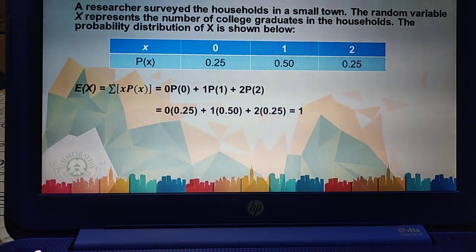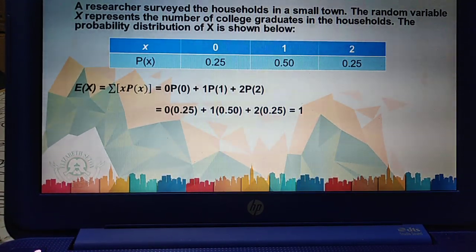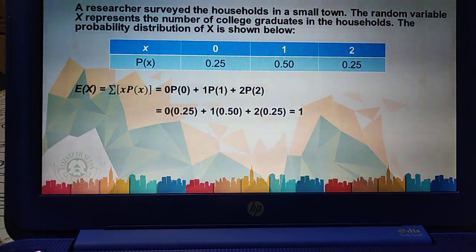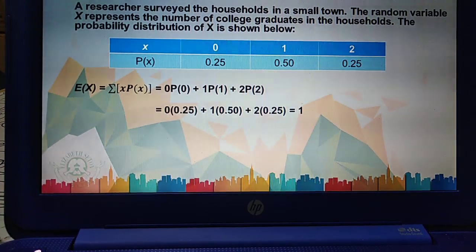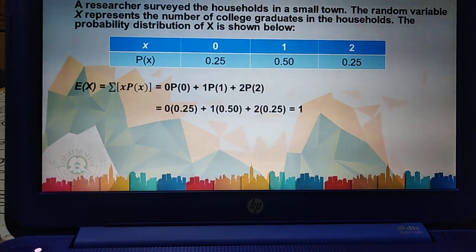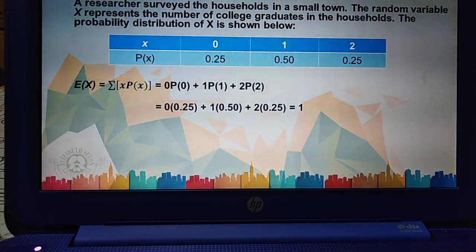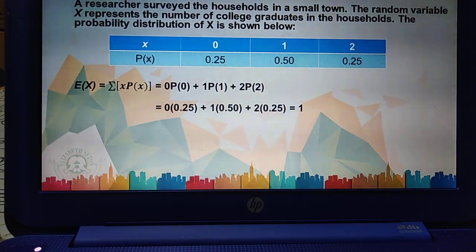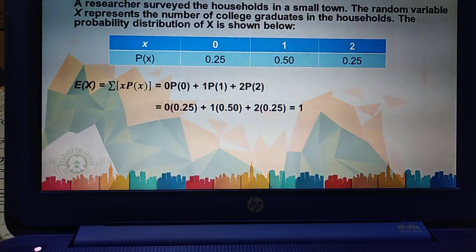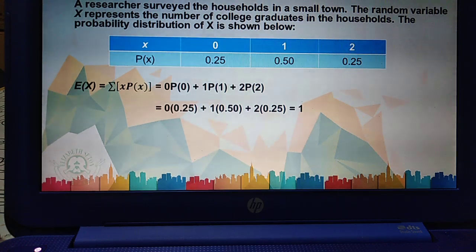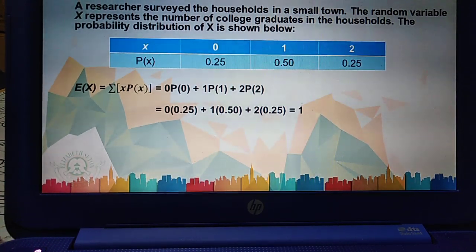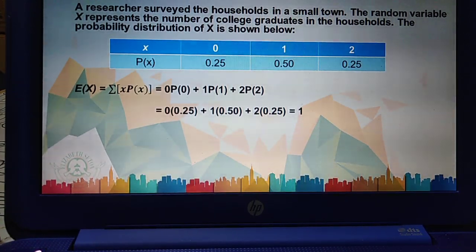Note that 0 is multiplied by 0.25, which is the probability that there is no college graduate. We add it to 1 times 0.50 because it's the probability of having 1 graduate in a family, and add it again to 2 times the probability that there were 2 graduates in a family. We add them all up. The answer was 1.